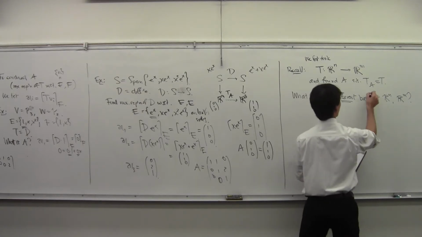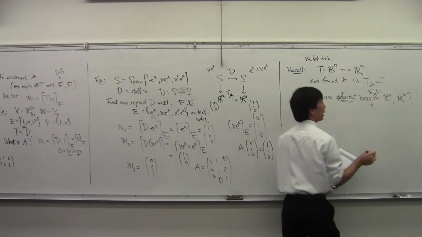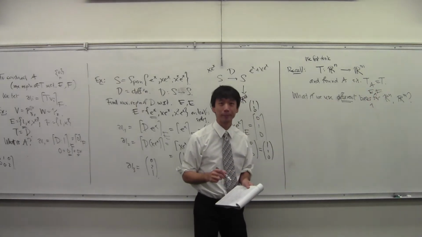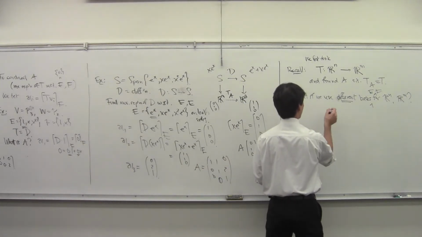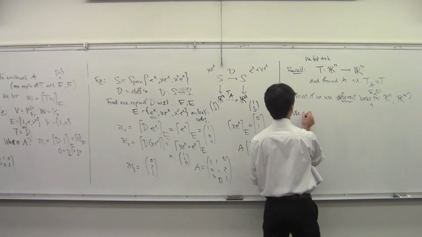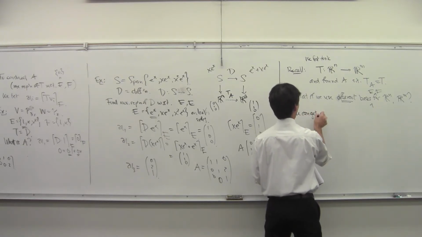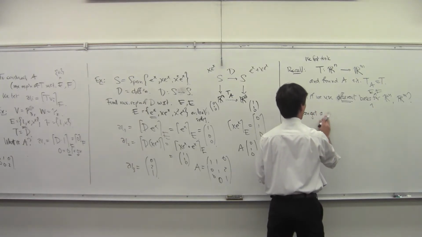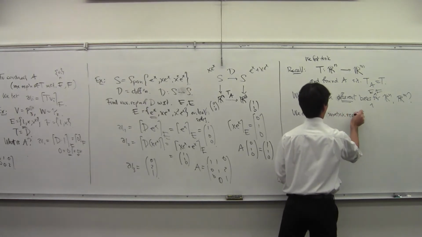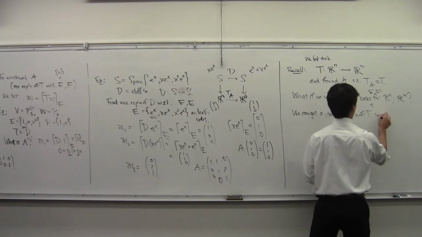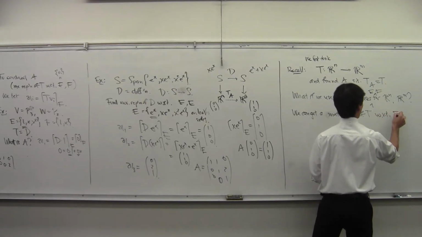We use different bases E and F for Rn and Rm. So we can get a matrix representation of T with respect to these new bases.